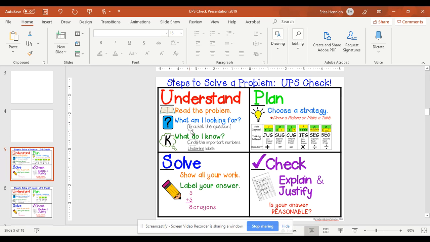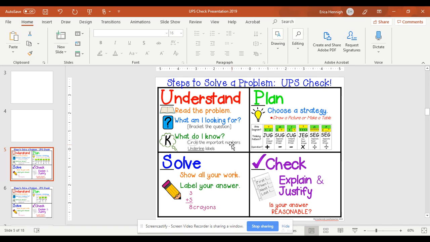So they bracket the question, and that helps them know that within that question, I'm going to write down what I'm looking for. I tell them to do that in as few words as possible because we don't want them to spend a bunch of time writing. Then the next thing they do is they say, okay, what do I know? They circle important numbers in the problem.